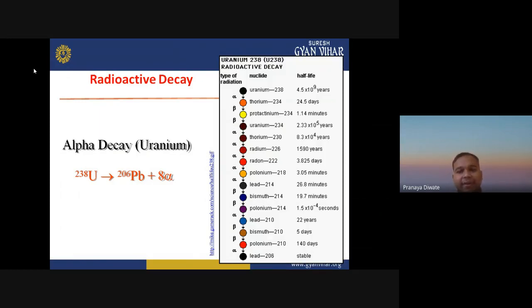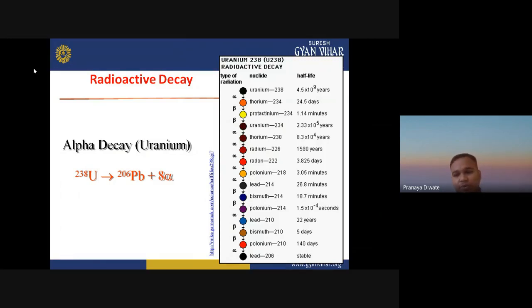Then you have radium, where 15-19 days is required. Then you have radon, where 3.825 days is required to convert radium to radon. Then you have polonium, which requires only minutes. Then you have lead 212, 214, which requires 26.8 minutes.